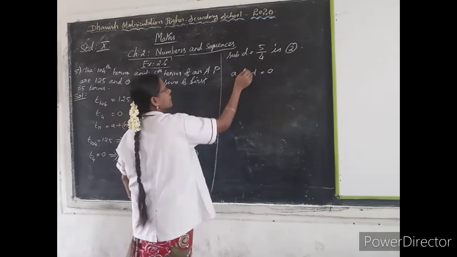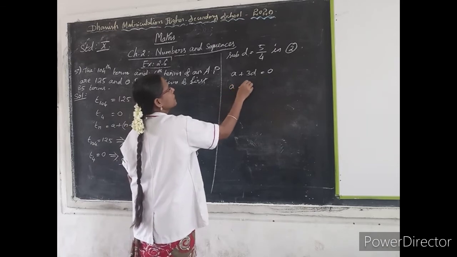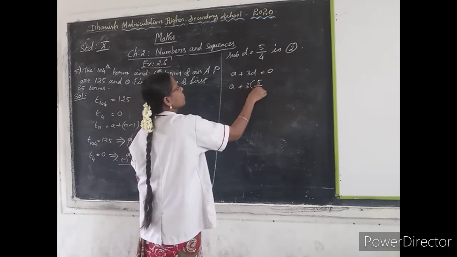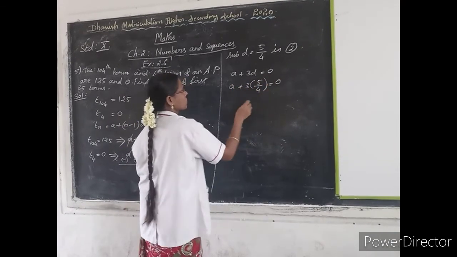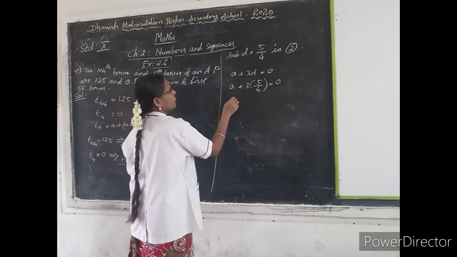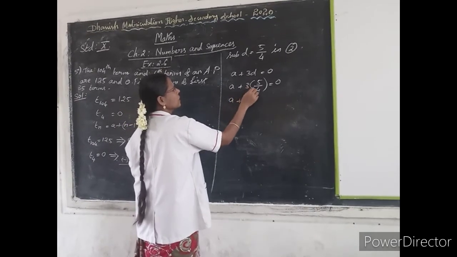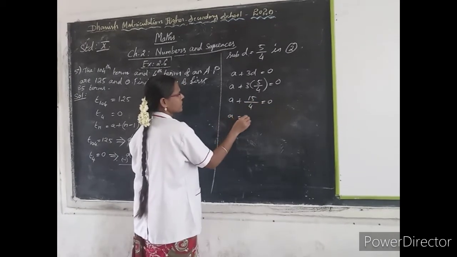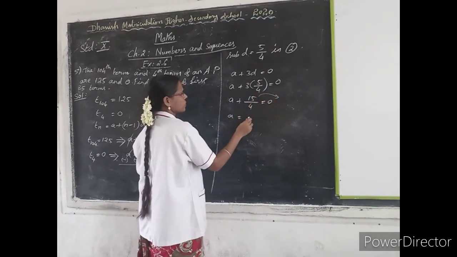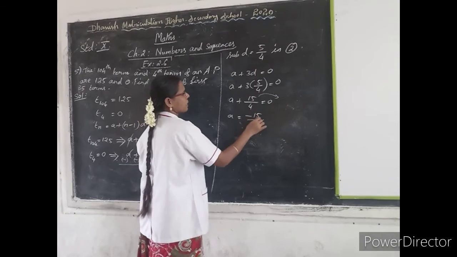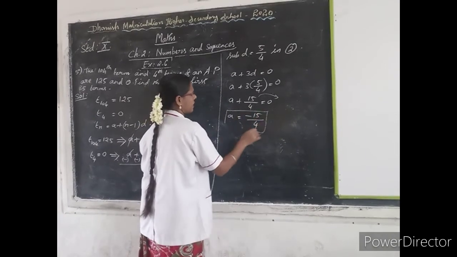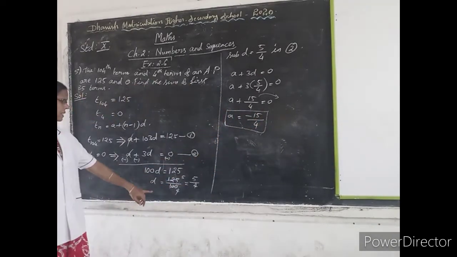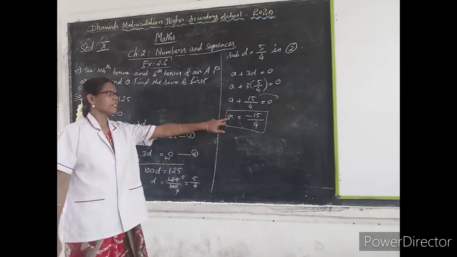Now what is d here? A plus 3 into 5 by 4 is equal to 0. So a plus 3 5s are 15, 15 by 4 is equal to 0. Therefore, a is equal to, transfer this fraction to that side, minus 15 by 4. This is our a. Now we know what is d and what is a.